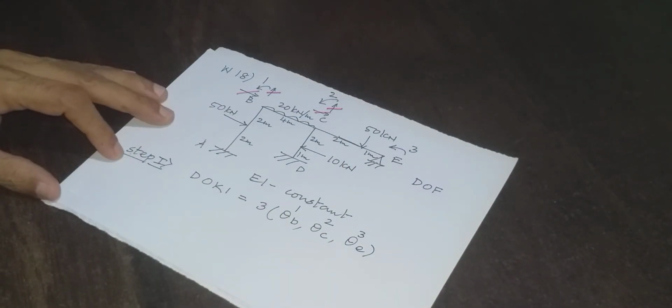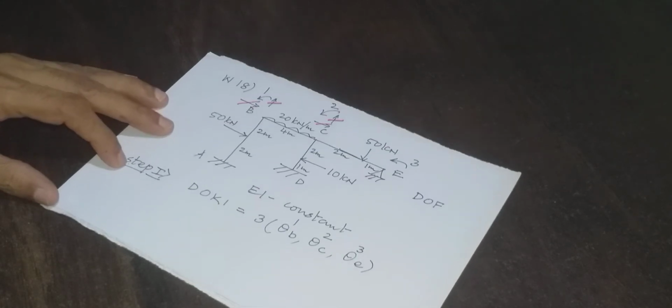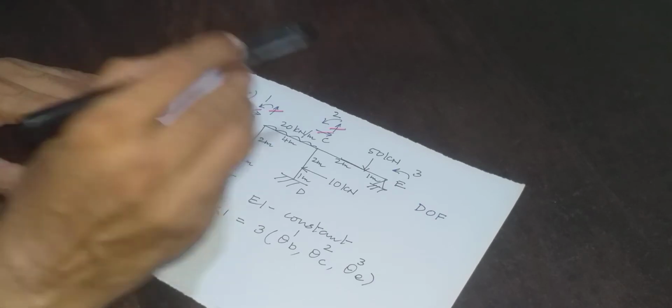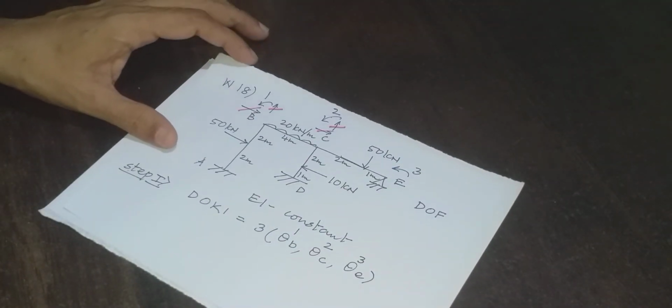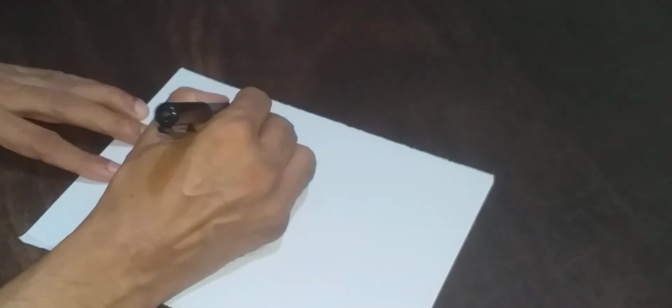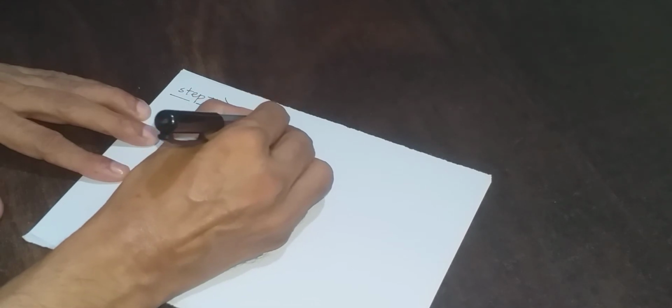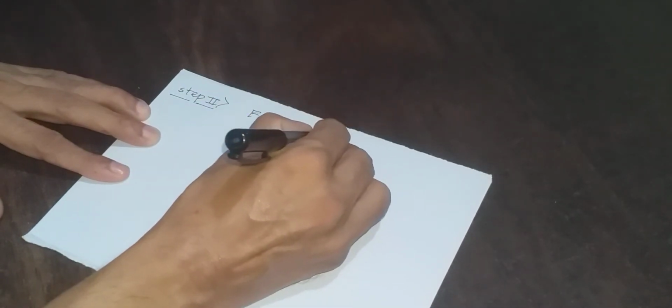So degree of kinematic indeterminacy is 3, that is theta B, theta C, theta E. I have given the number theta B as 1, theta C as 2, and theta E as 3. Right? Now our next step, step 2, is fixed end moments. As usual practice, step 2 is fixed end moments.